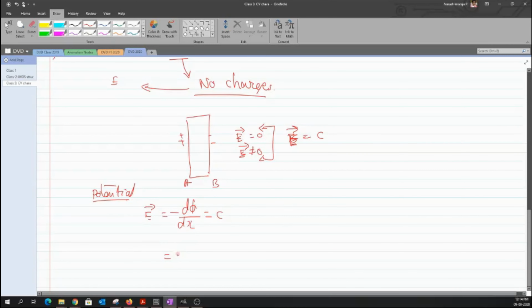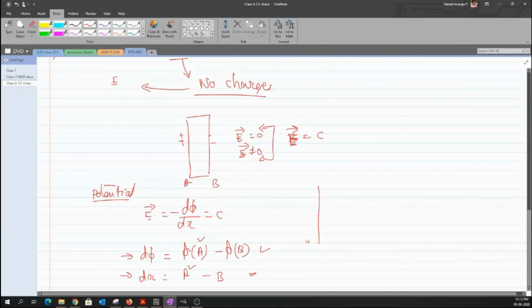In a way, this d phi can be written as the difference between two different points, maybe the potential at A and the potential at some point B, and the dx can be written as A minus B. I hope that you are at least familiar with these differentiation quantities and what they actually mean. I'm also hoping that you are much more familiar than me, comparatively.